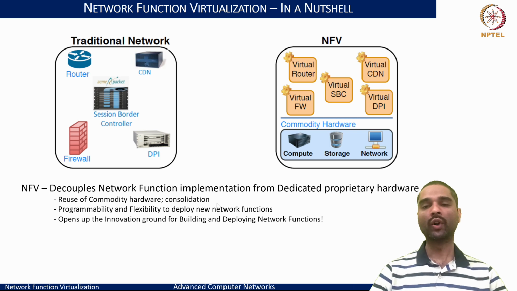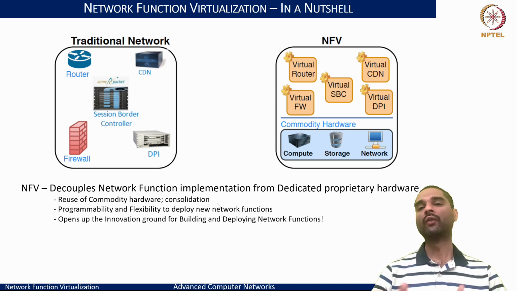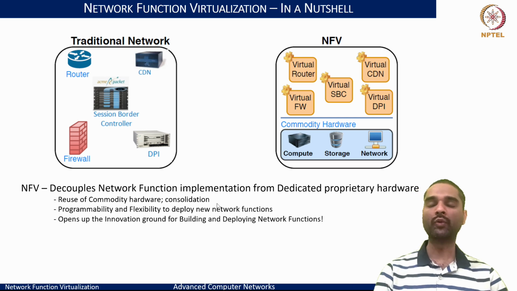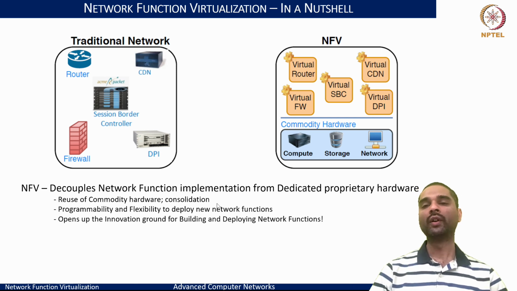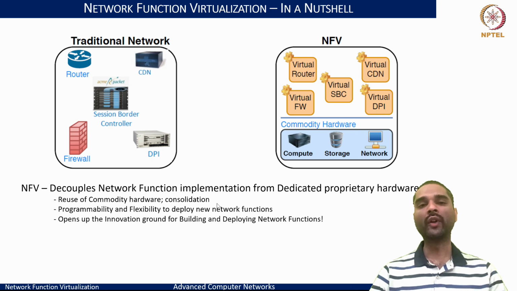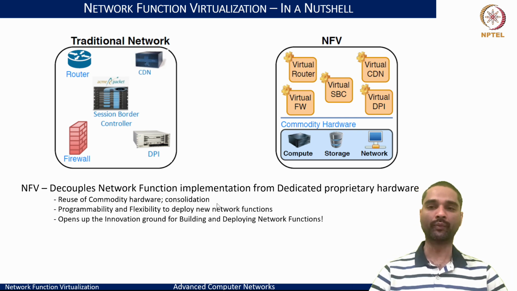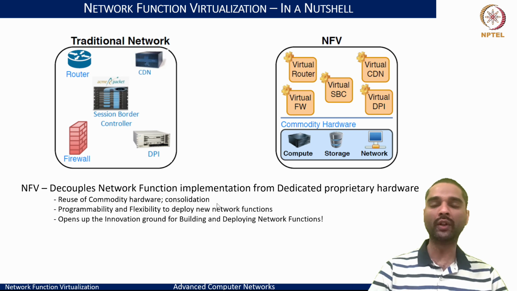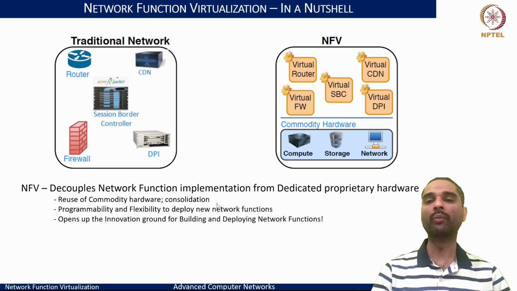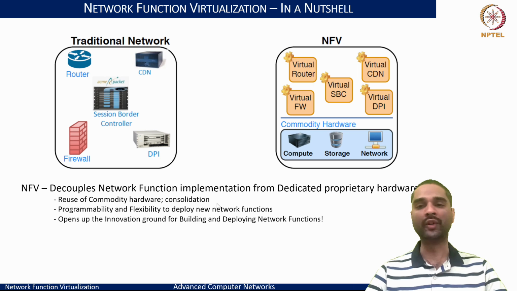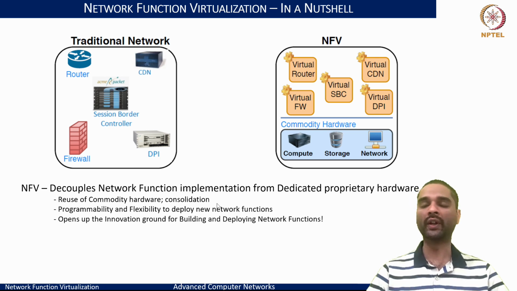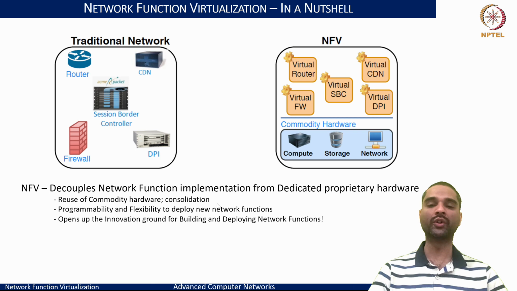And likewise, what NFV tries to do is, when we make these different network appliances software, it is no more tied to a particular vendor to deploy and provide us the solutions. If we want to innovate in the networking stack, from the transport all the way to the application layer, think of these as applications, then we could innovate in bringing up newer applications and deploy them as just software, not necessarily relying on any dedicated hardware or OEMs to provide us the solutions.